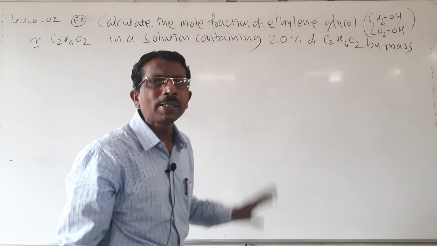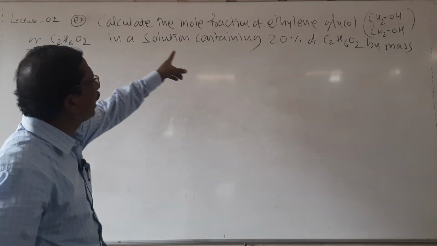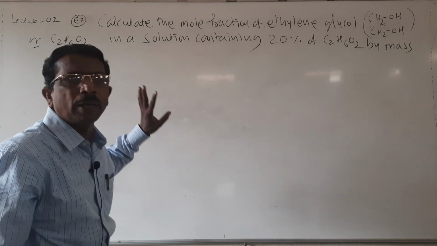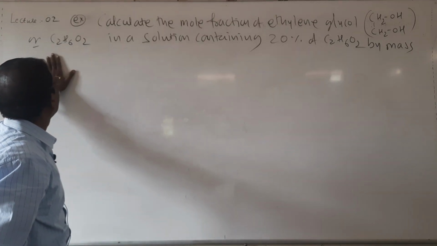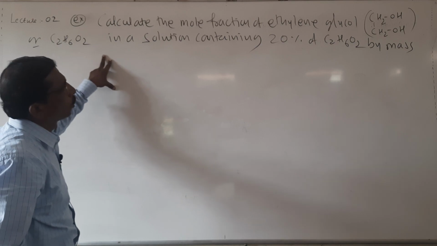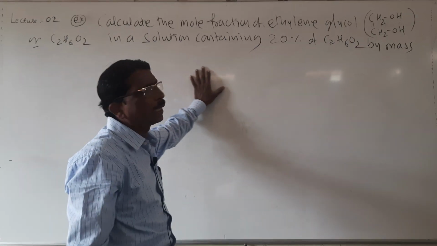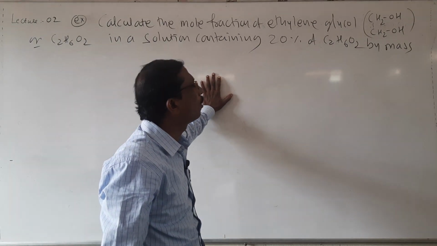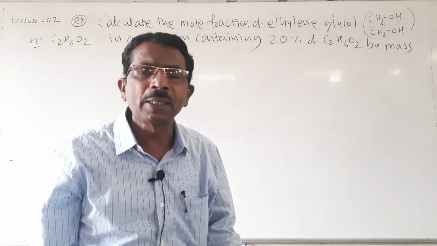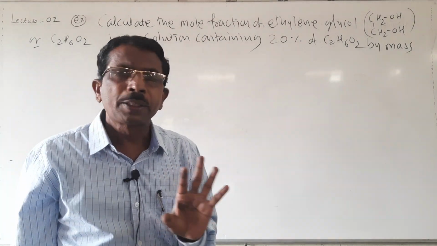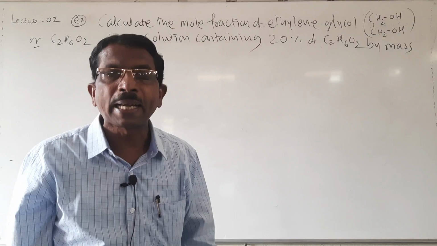Look here students, what is the problem here? Calculate the mole fraction of ethylene glycol, that is C2H6O2, in a solution containing 20% of C2H6O2 by mass.